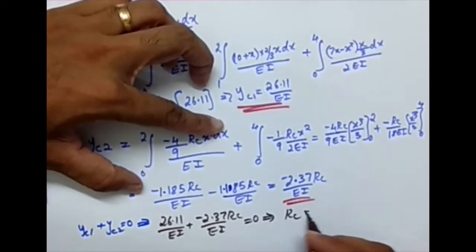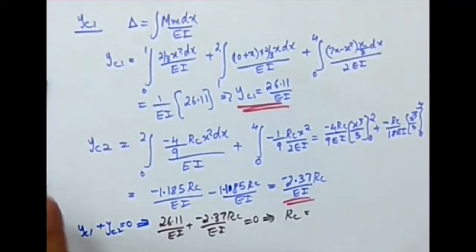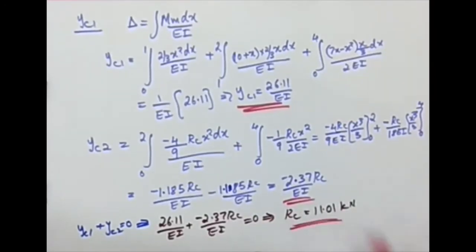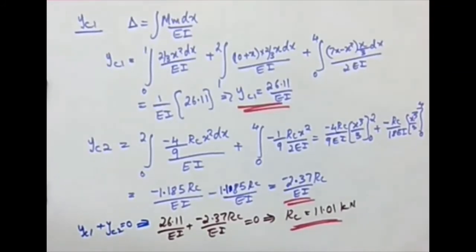So what will I get? Rc is equal to, taking this to the right side, 26.11 divided by 2.37, and I get the value as 11.01 kilonewton. So that's the value of Rc I'm getting.